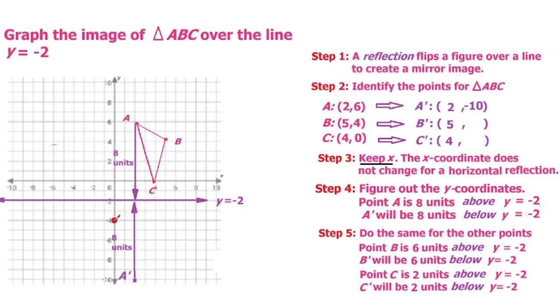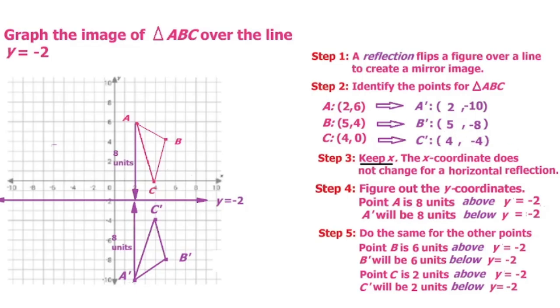It'll be at -4. Okay, so let's see how that looks. So B is at 5, -8, which is what we said. And then C is at 4, -4, which is what we have here.